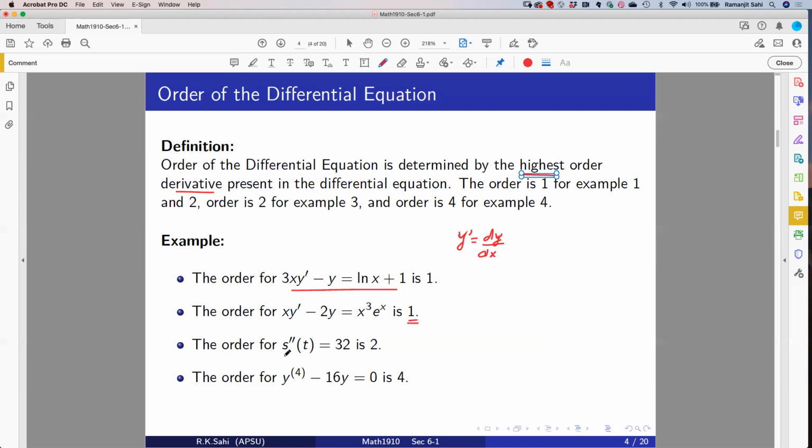Now let's look at the order for s''(t), which I just wrote earlier as d2s over dt squared. So the order over here is 2, and for the last differential equation on the slide, y to the 4, this is a fourth order derivative.